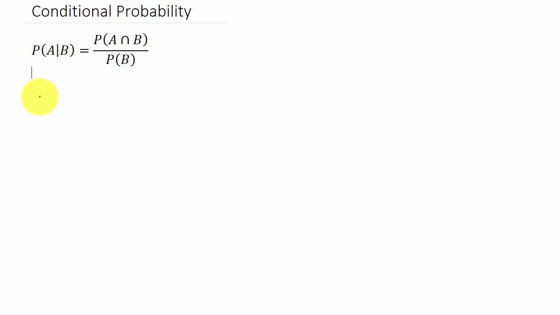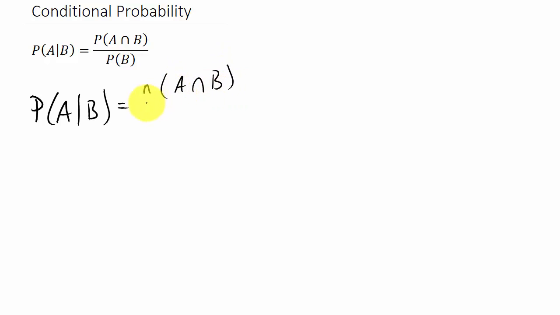Another way you can look at it: if you write out the events as sets, the probability of A given B is the number of elements in A and B over the number of elements in B. So you can either do it as probabilities or you can count the elements in each set.